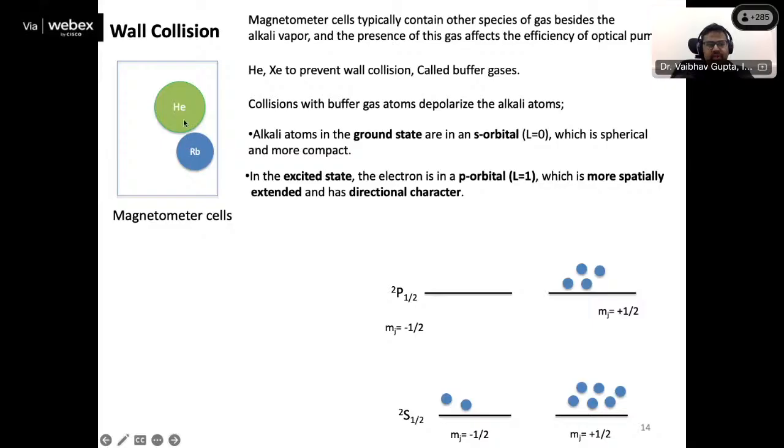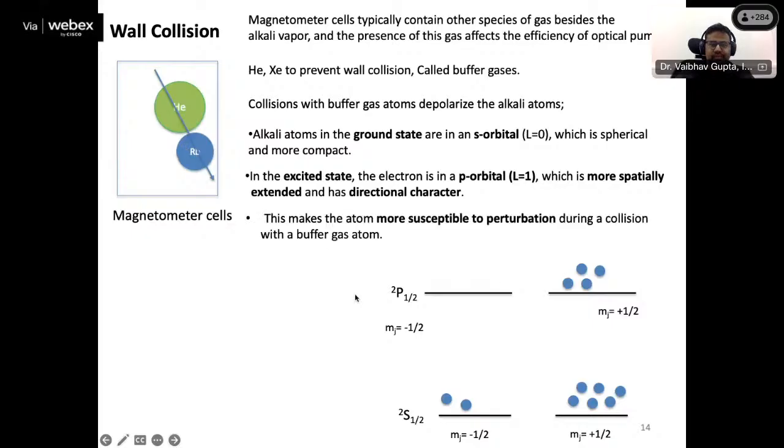So once rubidium goes close to the helium, they kind of make a molecule, and then they start to rotate, and some other rubidium atom can come closer and try to hit this molecule.